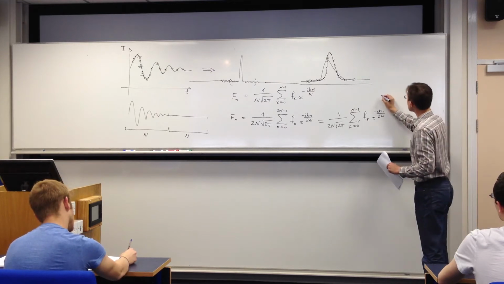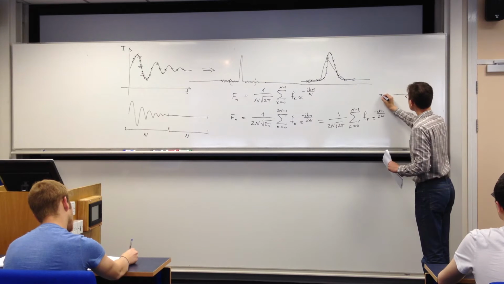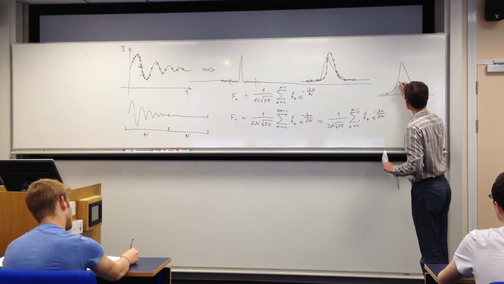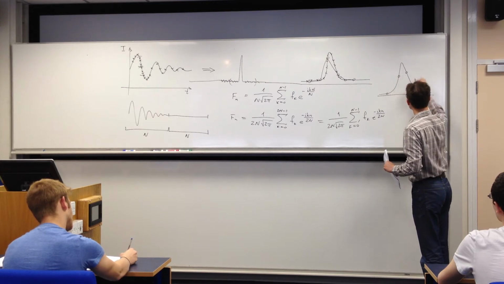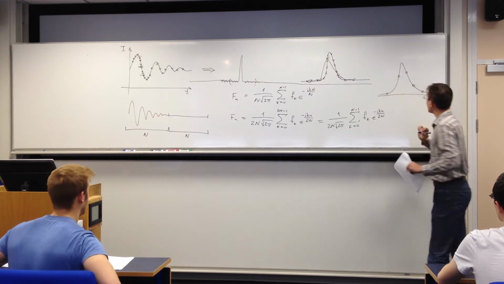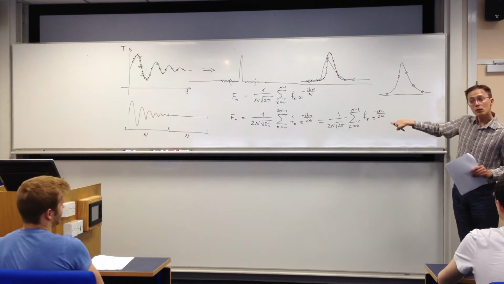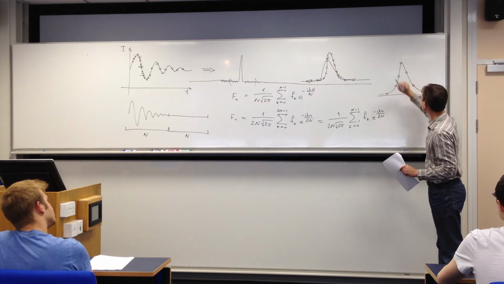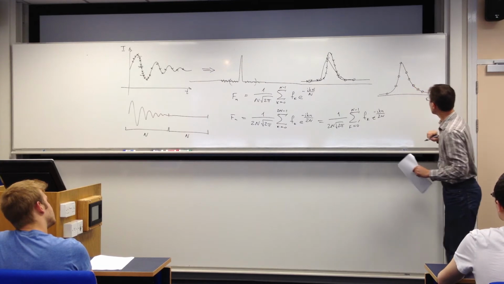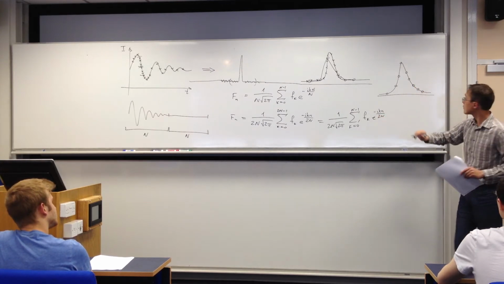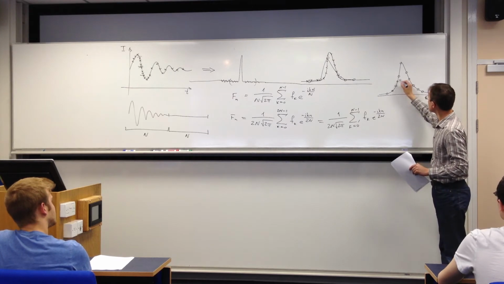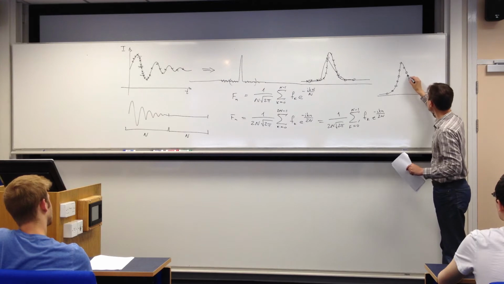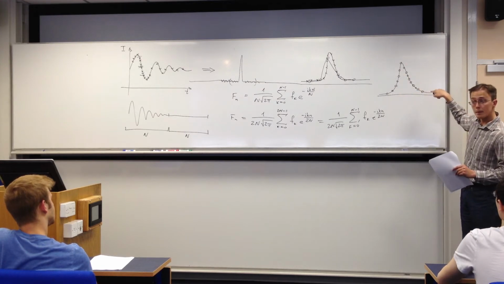So if the original signal was like that, and was maybe digitized pretty crudely, once we zero fill the time domain, we put extra points in between. And if we zero fill it by a factor of 4, we will put extra points here. And you can see the signal definition becomes much better.